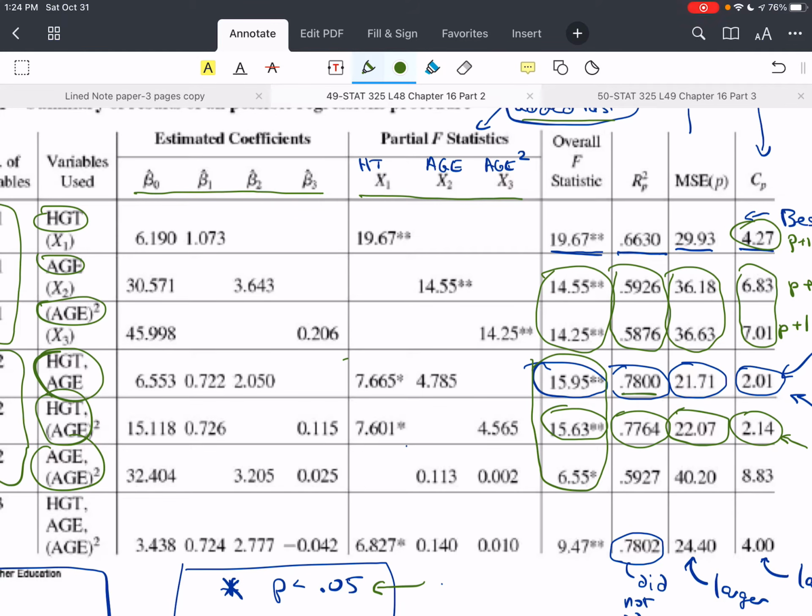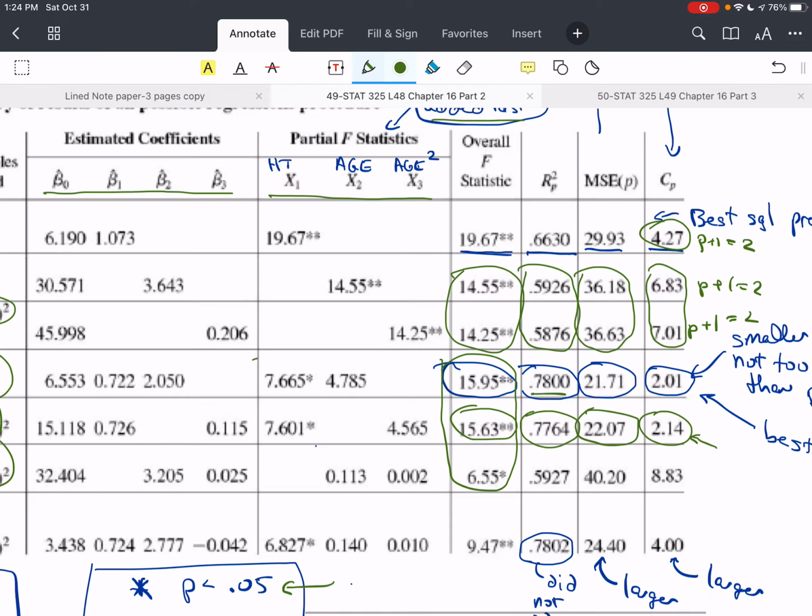Unless you have a reason to put age squared in there, like a strong reason, say something beyond just the numbers, you might say, well, age squared makes more sense than age because of blank, whatever that is. Then you would probably choose the age squared model. Okay? Look how much lower the age and age squared model is all the way across the board here from the other two. Okay? All right.